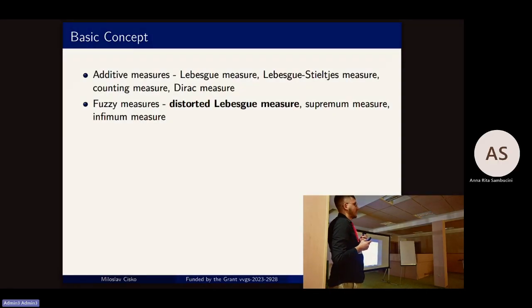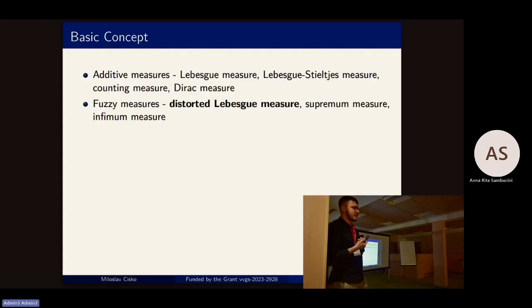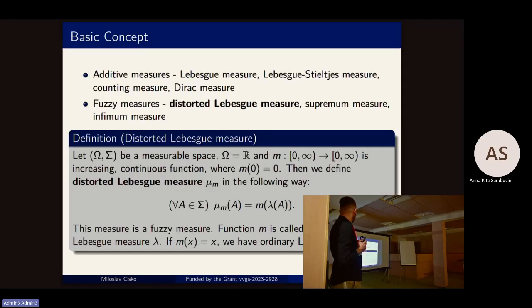And we know a lot of measures, additive measures, fuzzy measures. For this presentation, the most important one is the distorted Lebesgue measure, which is a fuzzy measure. How is it defined? We need the function m to be increasing, right continuous, and to have value zero at the point 0. Then the distorted Lebesgue measure takes the Lebesgue measure of some set A, and then the function m is applied to that value.